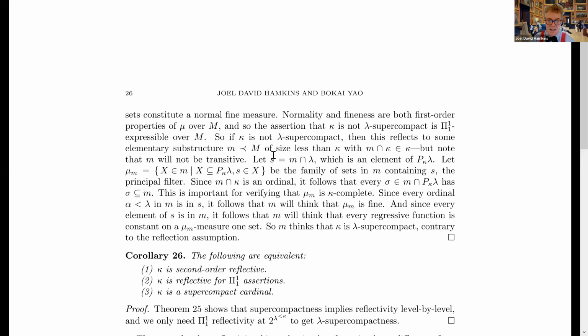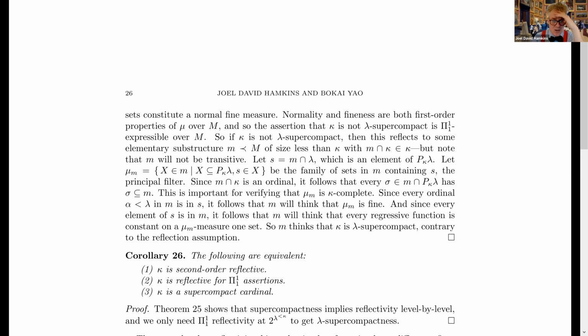And we can use that as a seed to generate a filter. And then we can argue that this filter is a normal fine measure over M as far as M is concerned. And so that would contradict the reflection of the fact that we were reflecting the absence of lambda supercompactness. Okay, so therefore kappa must really have been lambda supercompact in the first place.